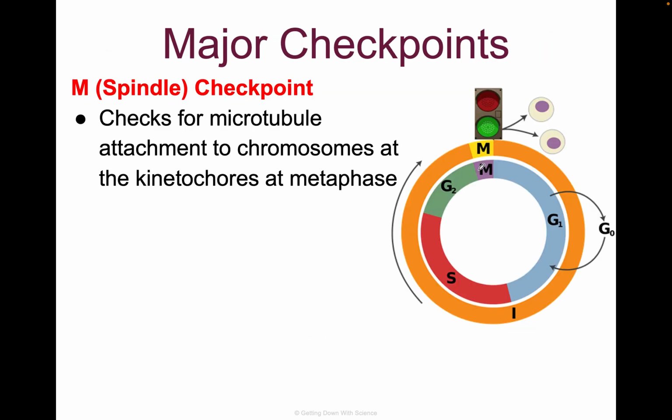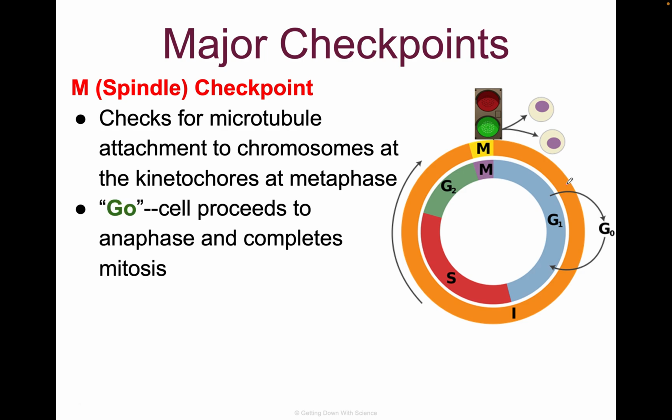Okay, let's talk about the M checkpoint, because there is a checkpoint right before mitosis. This checks right before the cells divide. It checks for microtubule attachment to the chromosomes at the kinetochore at metaphase. So it happens during mitosis, but before the cell splits.